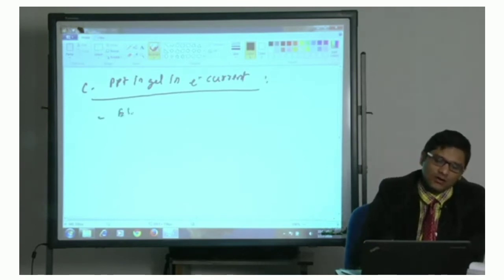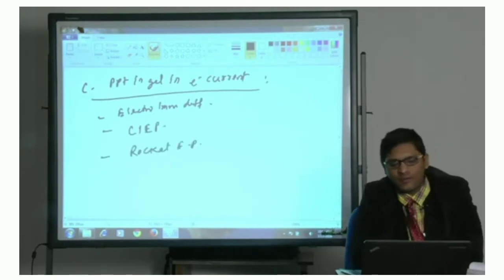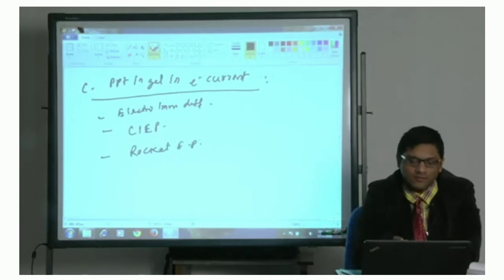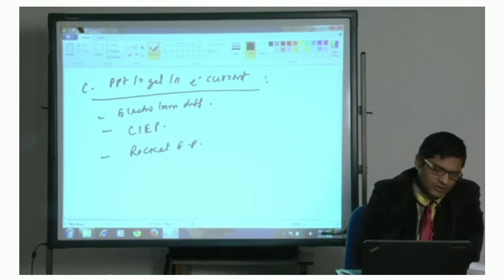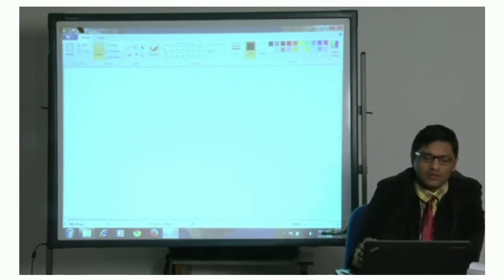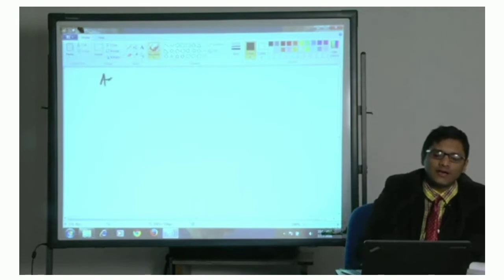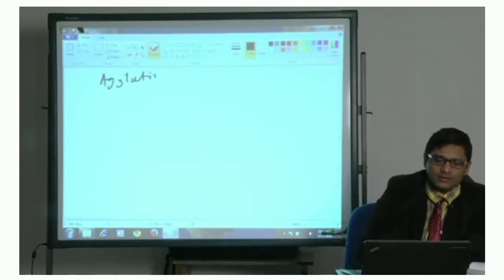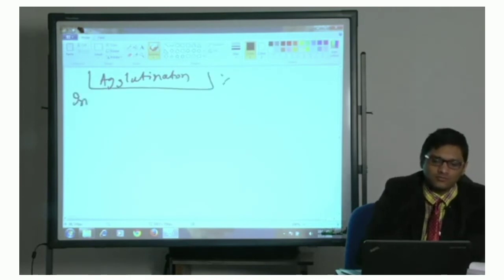This is called electro-immunodiffusion, and the variants of this are counter current immunoelectrophoresis and rocket electrophoresis. All these are variants of precipitation in gel in the presence of electric current. So this is all about precipitation. What is the definition of precipitation? Which antigen does it use? Soluble. In contrast, agglutination uses insoluble or particulate antigen.